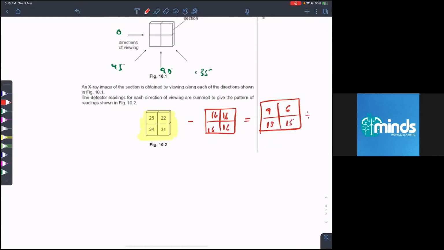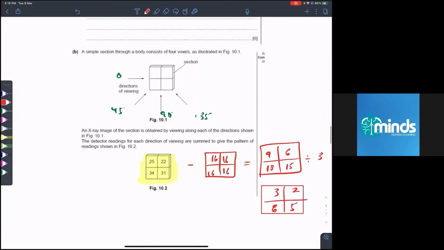Then you will divide it by 3. So when you divide it by 3, we will end up with 3, 2, 6, and 5. By the way, how many of you actually got the same answer? 3, 2, 6, and 5.